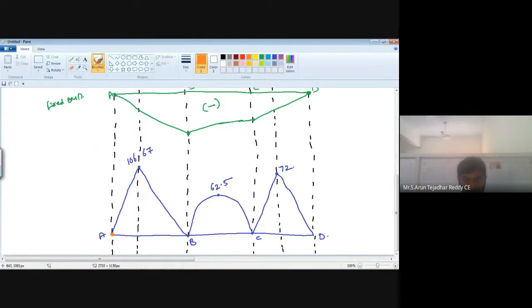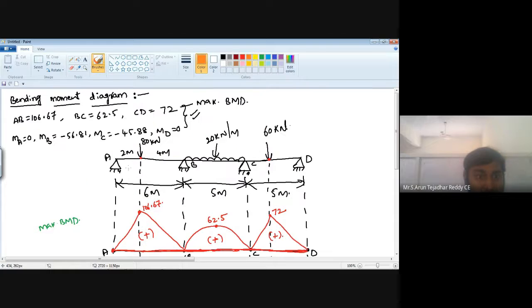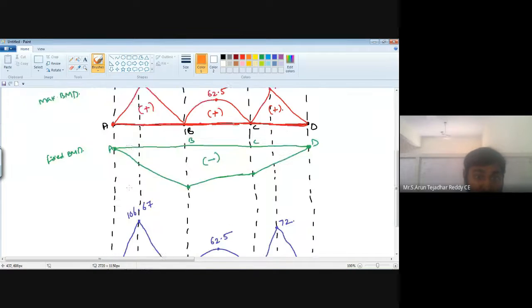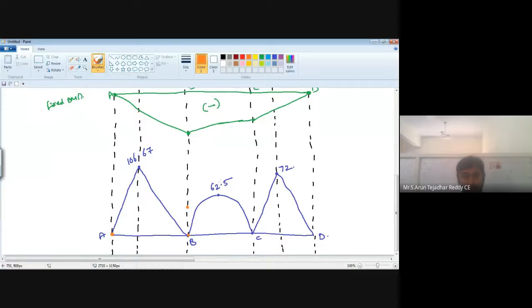So this is point B, 56.81. So this is 62.5. So we'll get our MB value. Next, what about MC? 45.88.